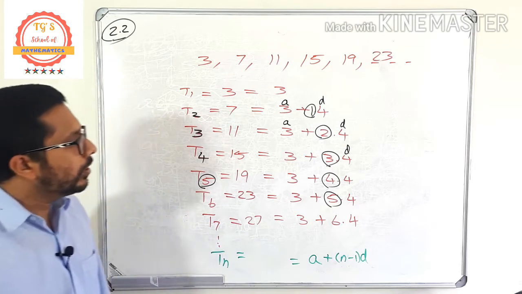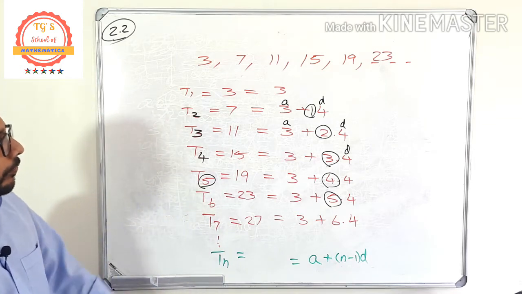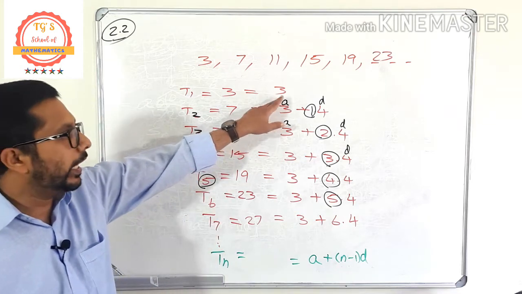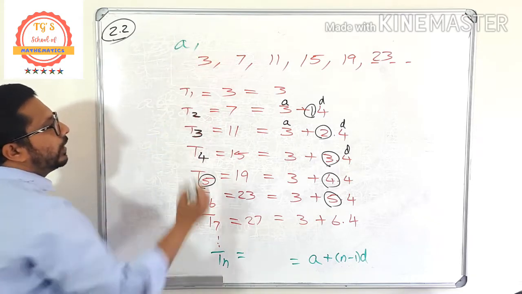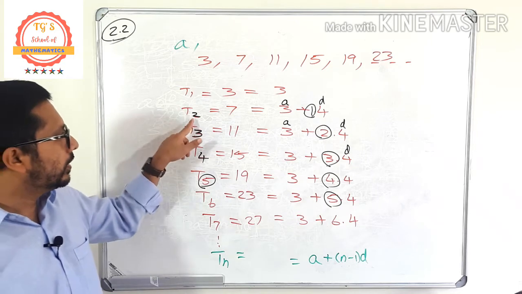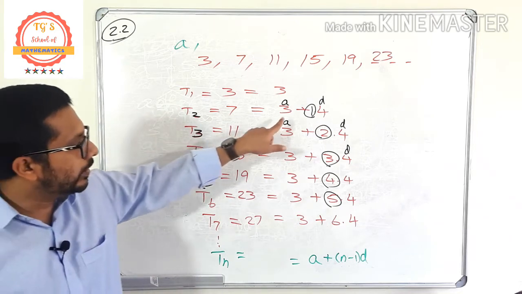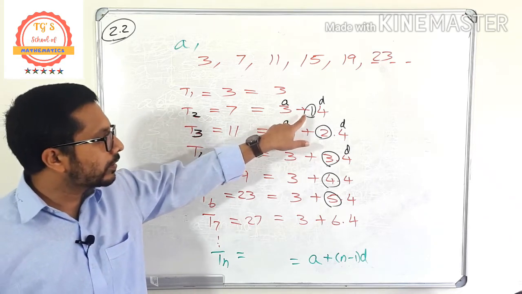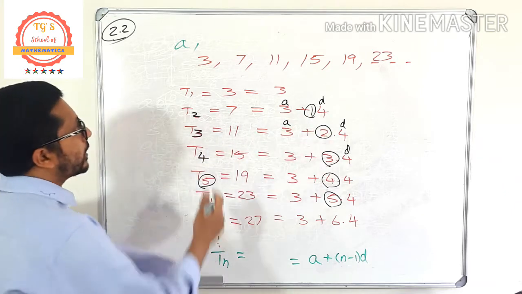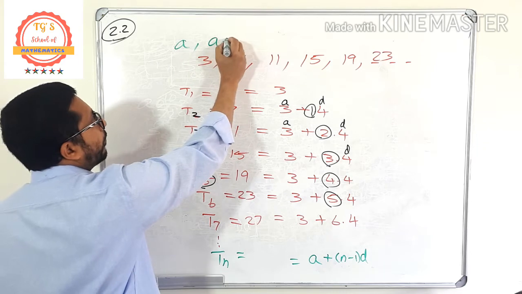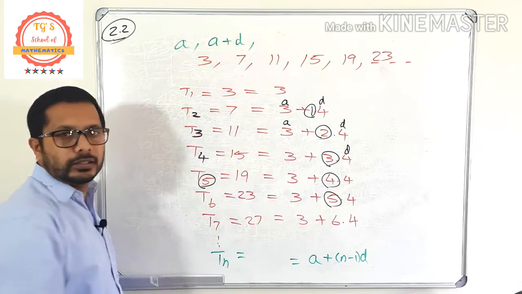Okay. So what I am going to say is, the first term is represented with a. Second term, how I am going to write it is a plus 1d. Okay, the second term I am going to write like this, a plus d.